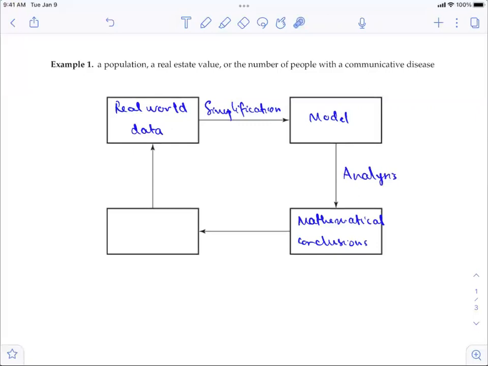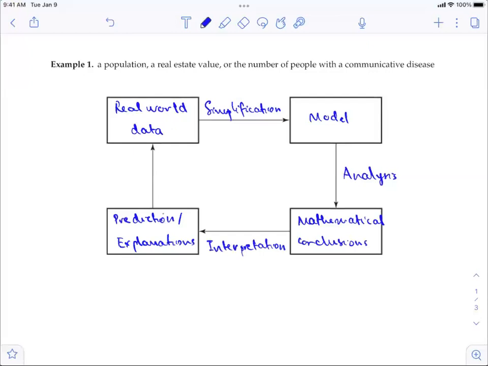Not only that, you can use these mathematical conclusions to make interpretations, make some predictions, and do some explanations about a certain behavior or a certain model, right?